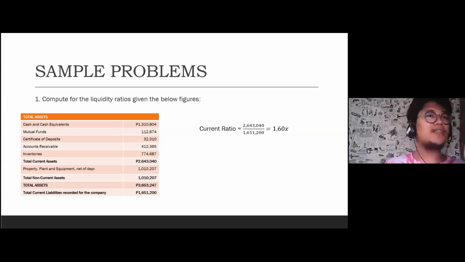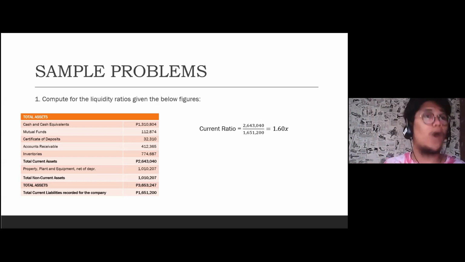Now we have the decision criteria here. If your current ratio is greater than 1, the company has more than enough current assets to pay off its current liabilities. If your current ratio is equal to 1, then the company has just enough current assets to pay off its current liabilities.